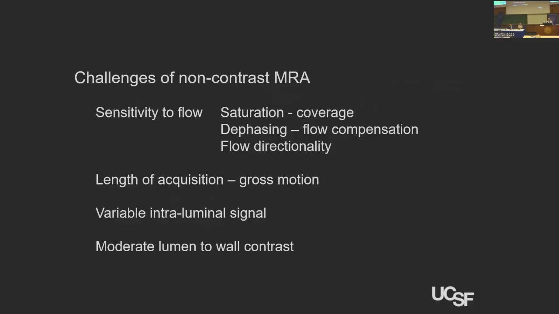But non-contrast techniques do have their limitations and their challenges. In particular, there is a sensitivity to flow. There's a reliance on the inflow of unsaturated magnetization into the imaging volume, and that can result in saturation of flowing spins and reducing the coverage of our acquisition.